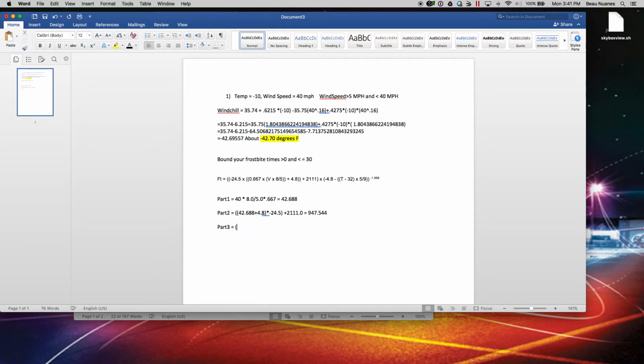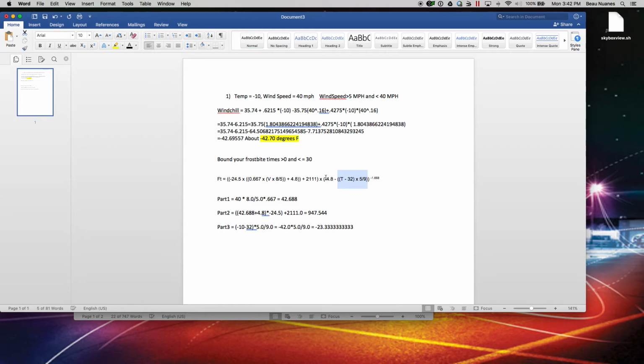Okay, so minus 10 minus 32 gives us negative 42.0, times 5.0 divided by 9.0. So what does that give us? It gives us negative 23.33 repeating.